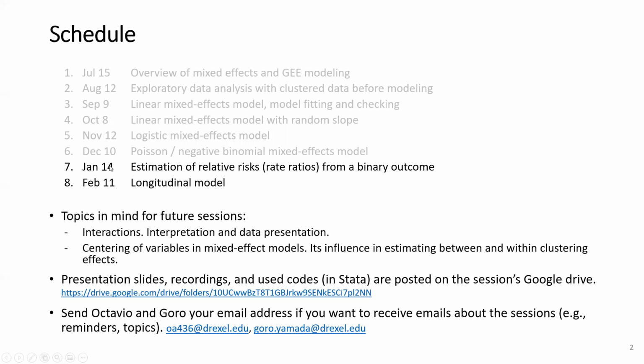And then starting from next month, we start working on longitudinal models. And all the presentation slides, recordings, and codes are located in this directory. And if you have any problem accessing material, please let me know or let Octavio know.